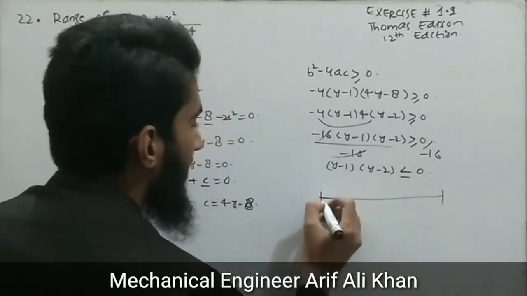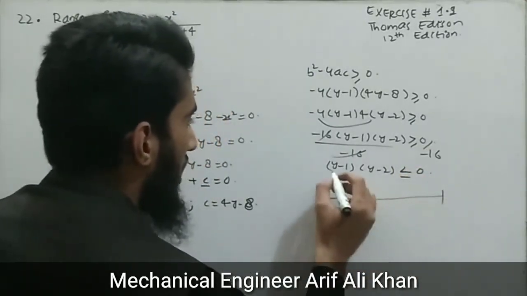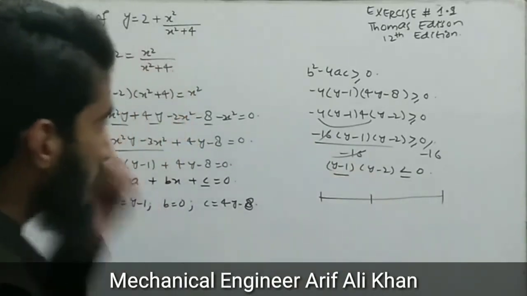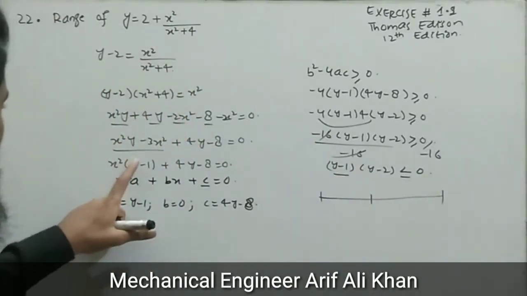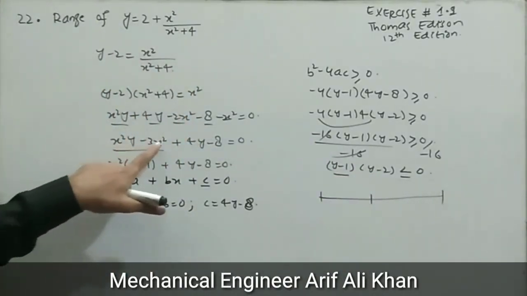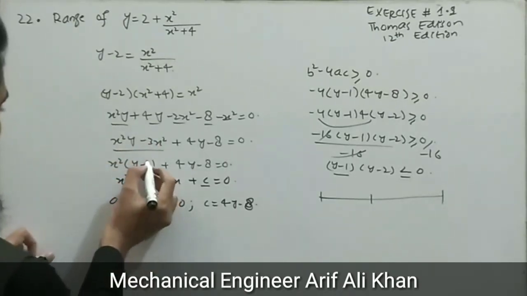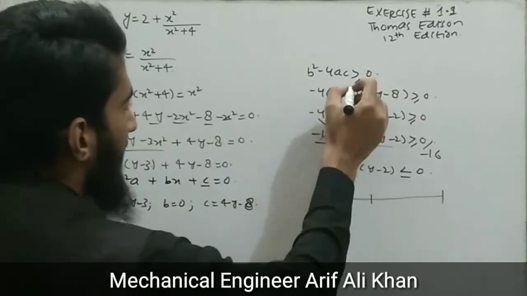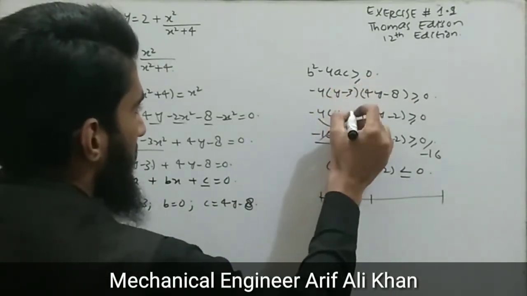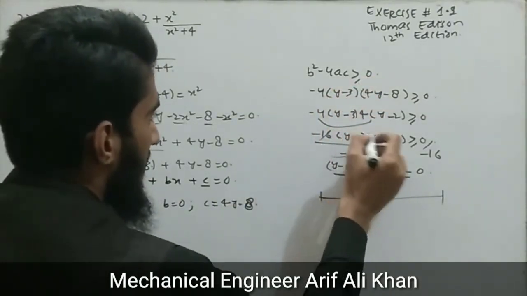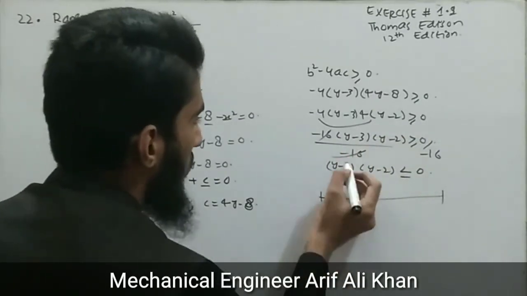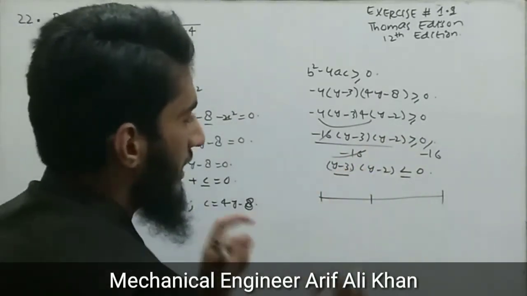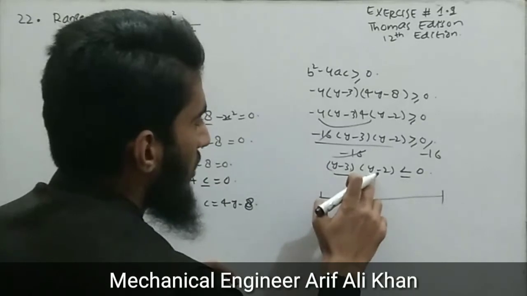Now we will find the solution of this inequality through the wavy curve method. So the inequality is (y minus 3) into (y minus 2). It is 0 at the value of y equals 3 and y equals 2.